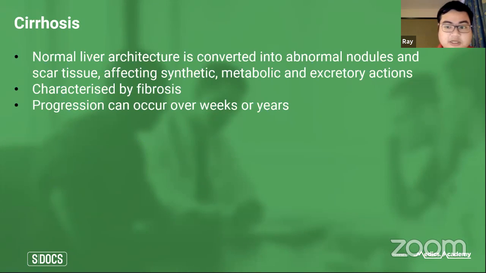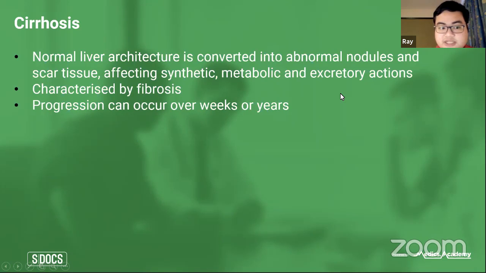So we're going to talk about liver cirrhosis, and I'm sure you've heard this term quite a lot. But the definition of cirrhosis is when normal liver architecture is converted into abnormal nodules and scar tissue, affecting the normal functions of the liver.